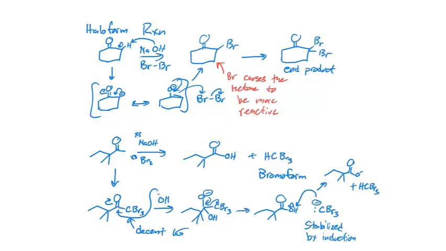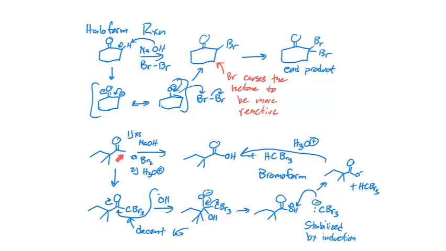And then the second step here would be mild acid workup, so that we can get back to our carboxylic acid neutral species. You can obviously draw the proton transfer mechanism here, where I just take some acid, protonate this O, and make the carboxylic acid.